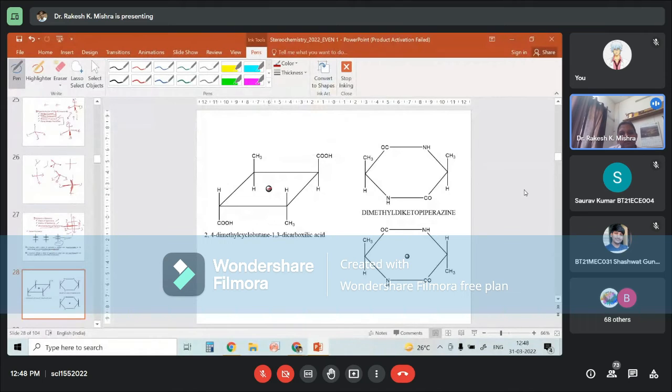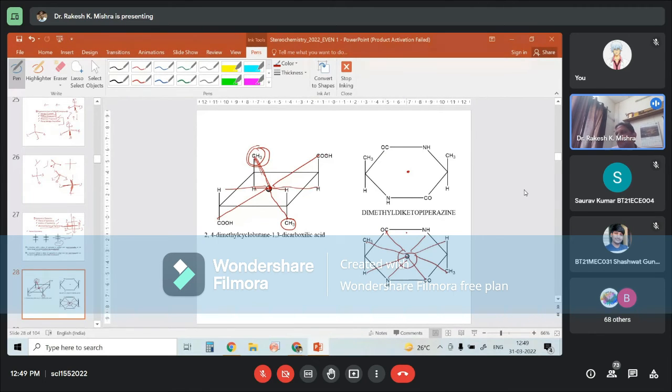Center of symmetry means in a molecule, if there is one center and you pass through any line in this direction and extend it in the other direction, you get the same atom, like this H and this H. In the opposite way, you get the same atom here. If you see here, NH, CO, COH, CS3, CS3.